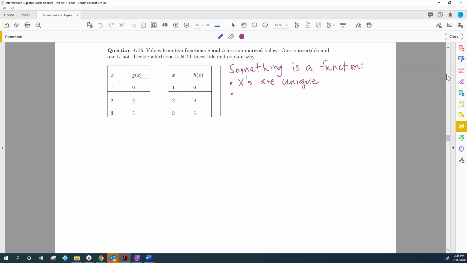Also, we said that when we look at a graph, it passes the vertical line test. If we put a vertical line anywhere on the graph, it can only hit it once. That's what the vertical line test is. If it hits it in two places, then it's not a function. And then the other thing that we said about functions is that every input has an output.